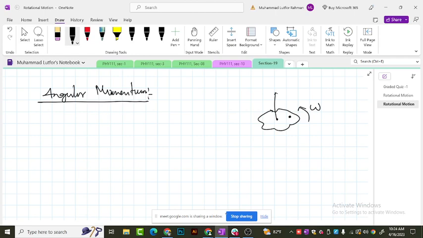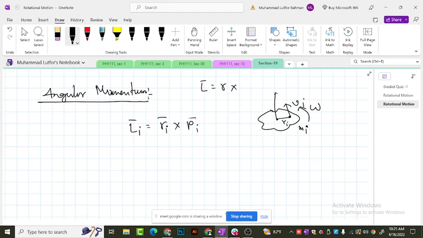Let's say this is the mass m_i of this object, a point mass at a distance r_i, and it also has a speed in that direction, v_i. Then the angular momentum for this point mass m_i, I can write simply as L equals r_i cross p_i.